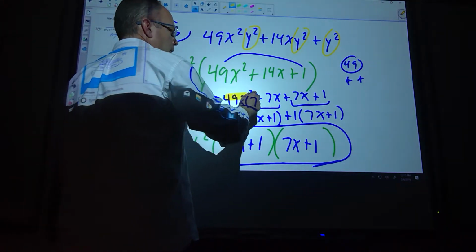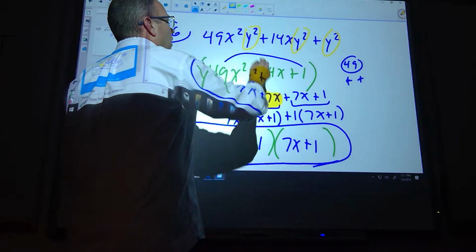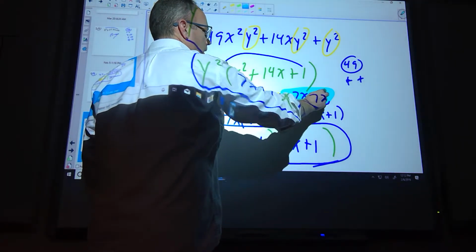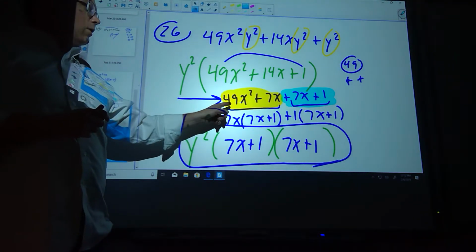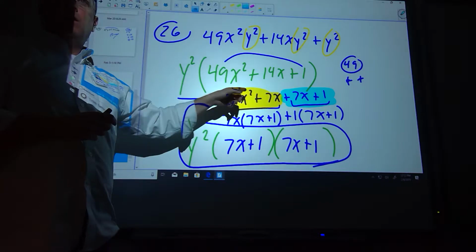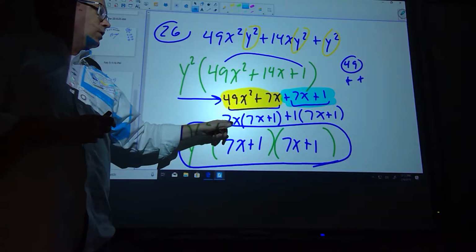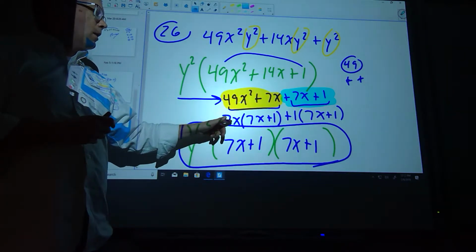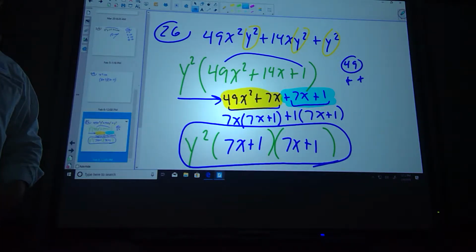So what I'm doing is I'm looking at my first two terms only, and then my last two terms only, and factoring out what I have. If I look at my first two terms, a 7 works on both, and also an x. So if I factor 7x out, 7x times 7x is 49x squared, so that's where that 7x came from. 7x times 1 is 7x. So if you factor everything out, you have to have a placeholder of 1.